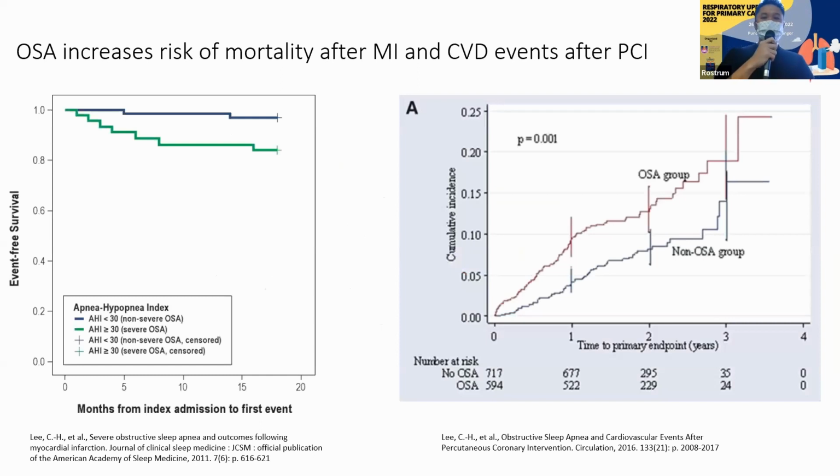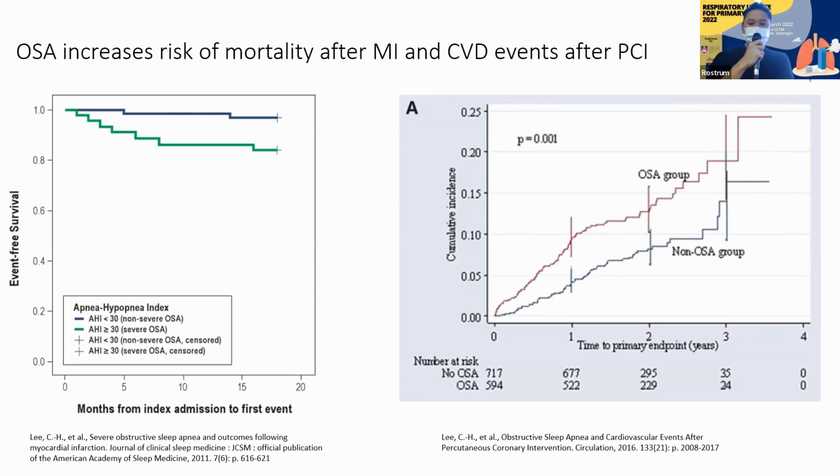This slide shows the outcome of patients with OSA after suffering from myocardial infarction and after percutaneous coronary intervention. Lee et al. discovered that patients with severe OSA who suffered from MI have lower event-free survival post-MI, where the events studied are death, reinfarction, stroke, heart failure hospitalization, and unplanned vessel revascularization.